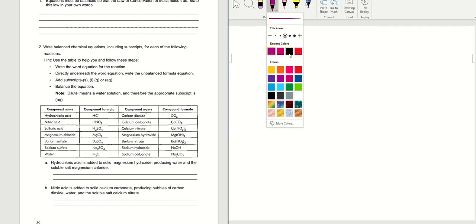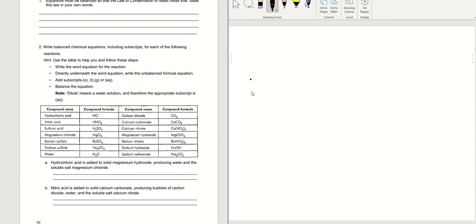Let's start. So the symbol for hydrochloric acid is HCl. That, according to the question, was reacted to solid magnesium hydroxide. So magnesium hydroxide is given here. So Mg(OH)2.